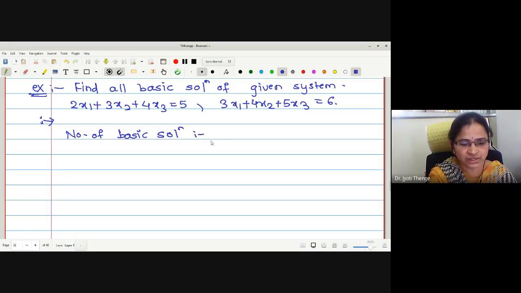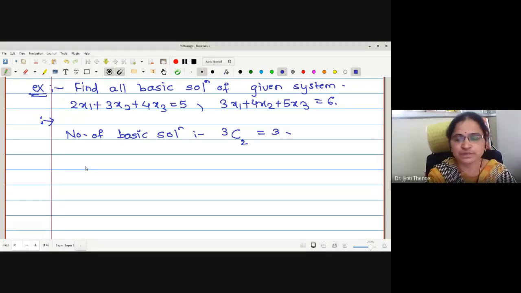Out of 3, I have to select 2 non-zero, so the combination is 3C2. The value of 3C2 is 3. Therefore, there are 3 basic solutions.